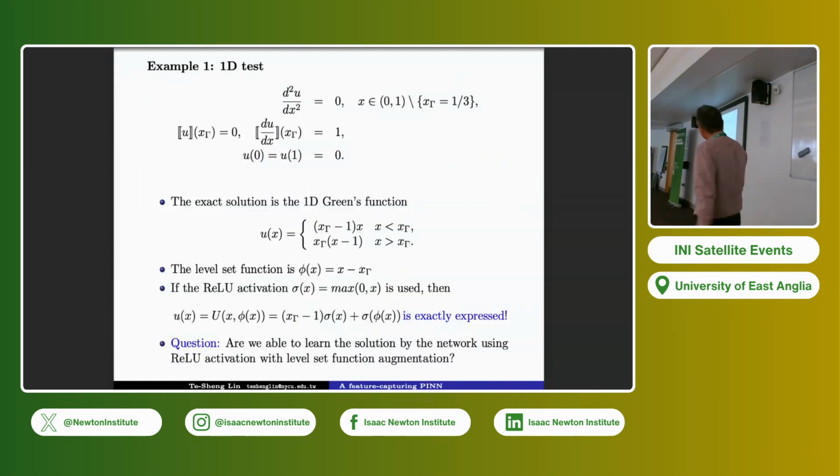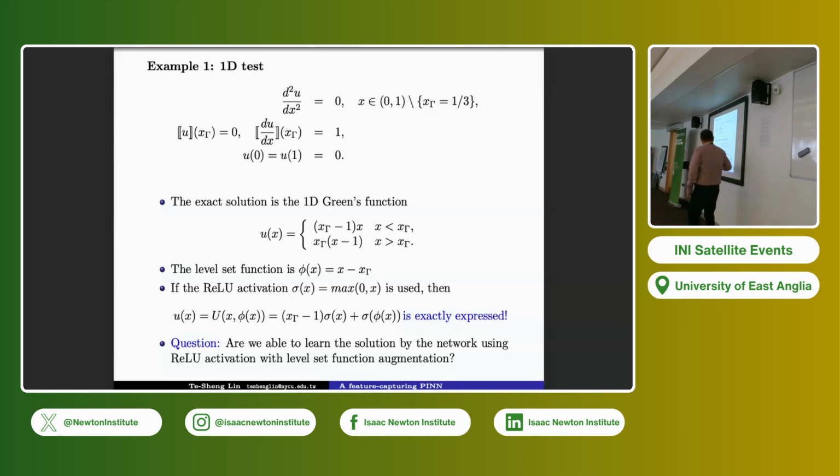Let me show you a very simple 1D test, which is a Green's function. It's a one-dimensional Green's function. You have a jump in the derivative at 1/3, and the exact solution is this one. If you use a ReLU activation function, which is the maximum between 0 and x, then in fact you can write down this one-dimensional Green's function directly using two neurons.